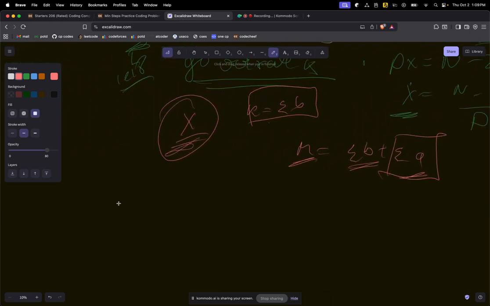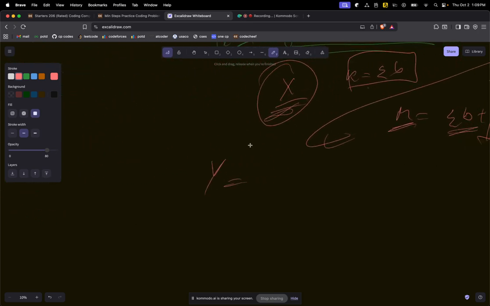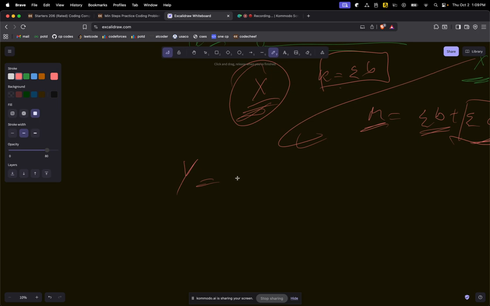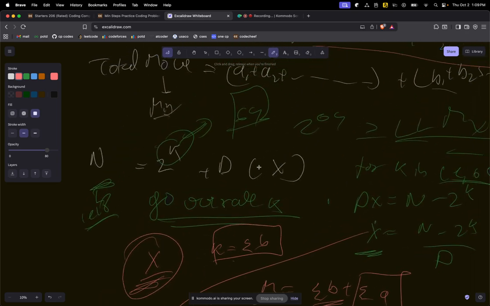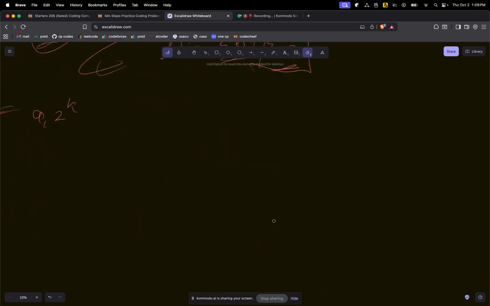Okay, so x is what? You know the value. x is some variable. y, we know this value. Now this y has to be what? It has to be a1 into 2 raised to the power k, because k is the sum over b, and the first factor here is this one.